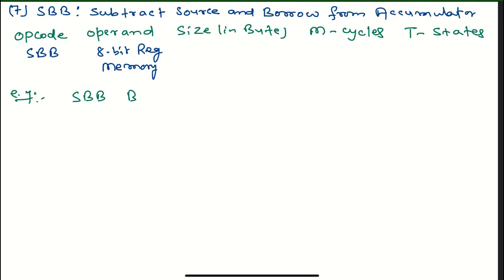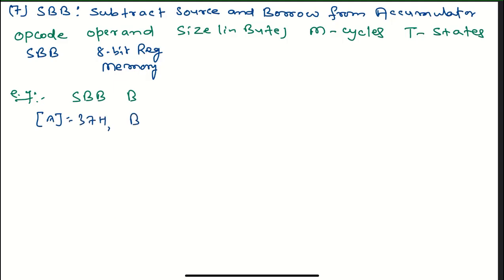Before going into the detail of this analysis, I am taking the accumulator content as 37H.